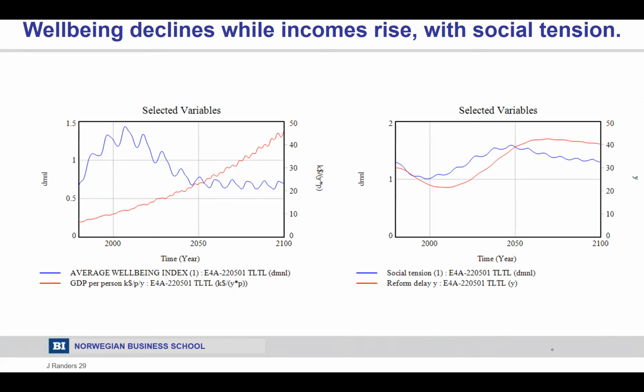And this is, of course, because income, disposable income and public services per person are increasing. So that's the positive that pulls it up. And the negative thing is, of course, the warming that goes up and inequality that goes up. And sooner or later, the two negative effects overwhelm the positive effects, and you get a decline in well-being.